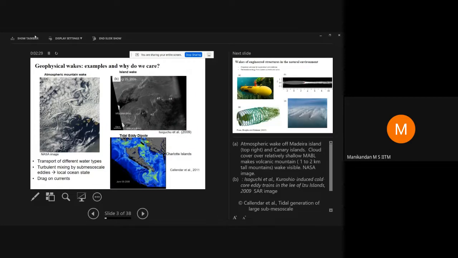So geophysical wakes, some examples are here. These are actually mountain wakes, and you can visualize them using cloud cover with a natural visualization tool.